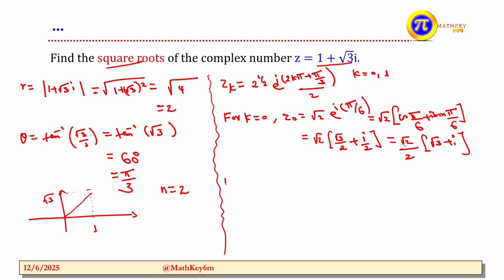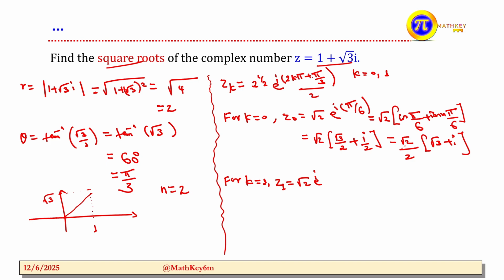Similarly, for the other one, k equal to 1, z1 is equal to the square root of 2 times e to the power of i, inserting 1 here, it becomes 2 pi plus pi over 3.